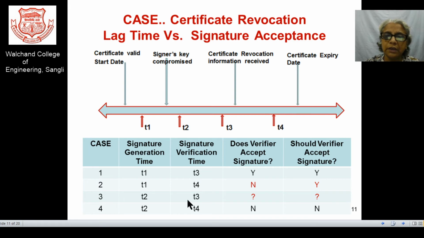Now check for the third case. For the third case, what will happen? If T2 is the signature generation time, and T3 is the signature verification time, which is prior to the updation of the revocation list. So in that sense, the signature is generated after the compromising of the key, which means in a logical way the signature should not be accepted.